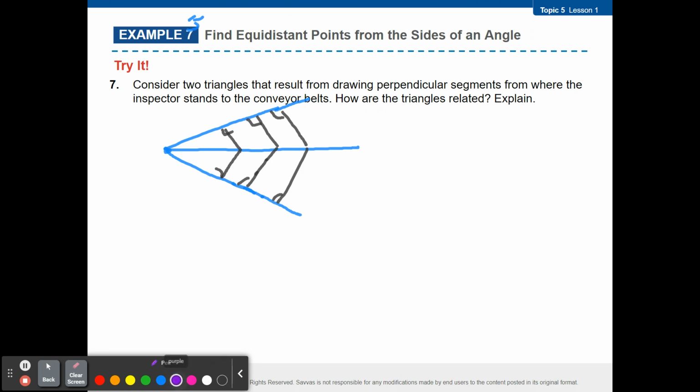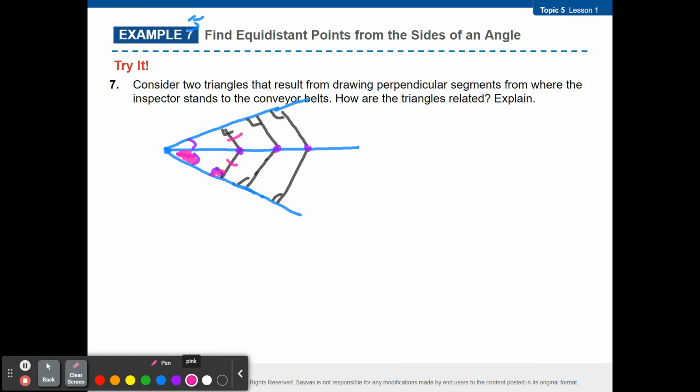We can look at this and remember, he can stand here, he can stand here, he can stand here, and we know that this and this are congruent. So if we look, all these triangles will be congruent by angle, angle, and then those congruent sides.